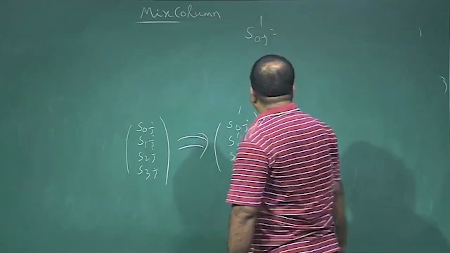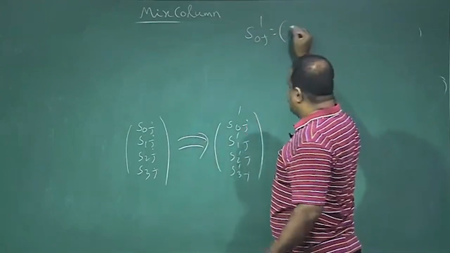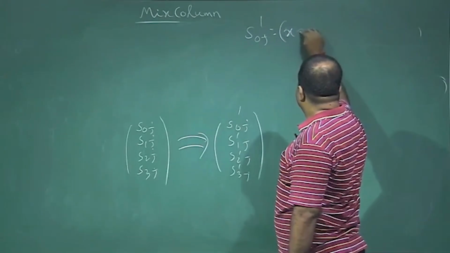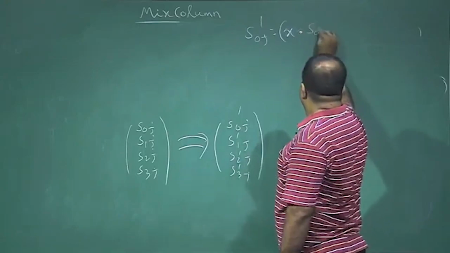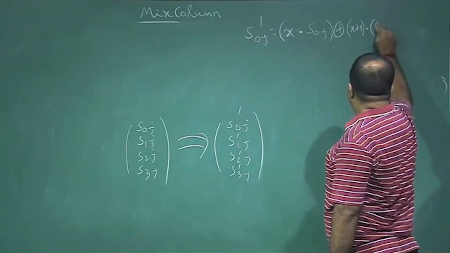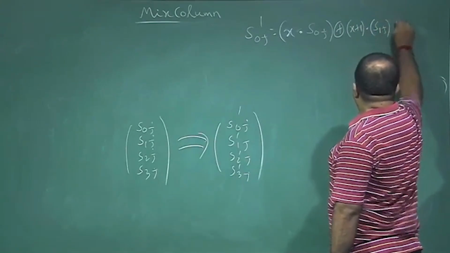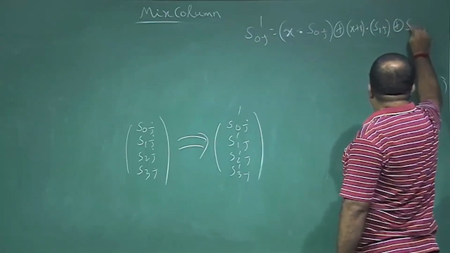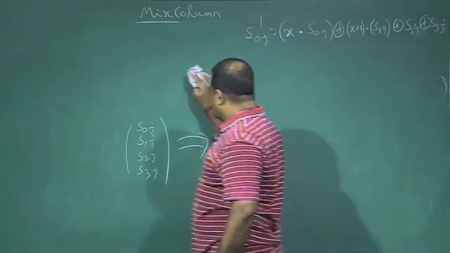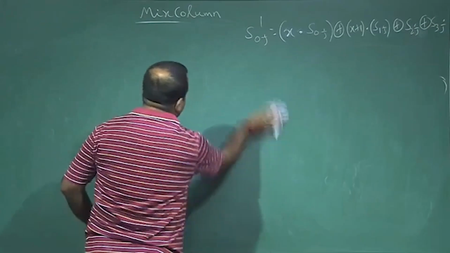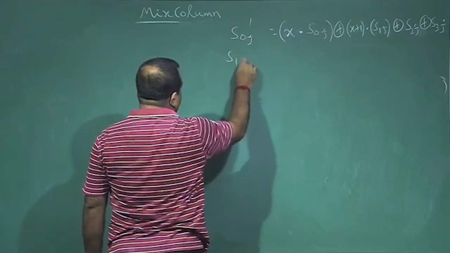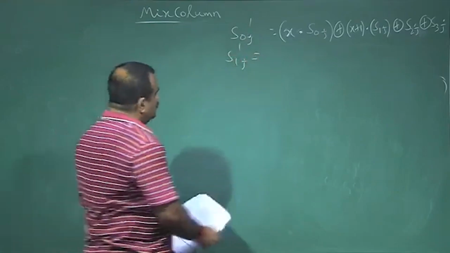S0j prime is basically 2 into S0j, where 2 means x, this is the field operation, XOR with x plus 1 into S1j, then XOR with S2j XOR with S3j. So, this is our first, S0j prime.